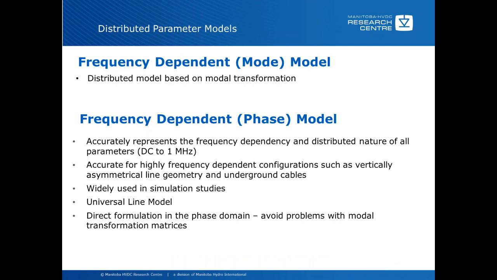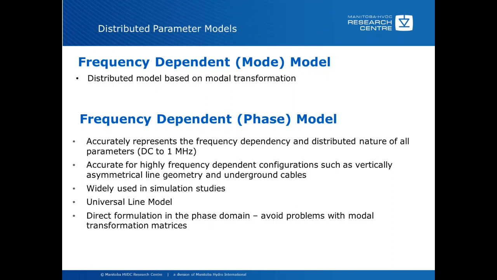So there are two frequency dependent transmission line models, the mode model and the phase model. The frequency dependent mode model is based on modal transformation, and there are limitations and it is no longer used in practical simulations.